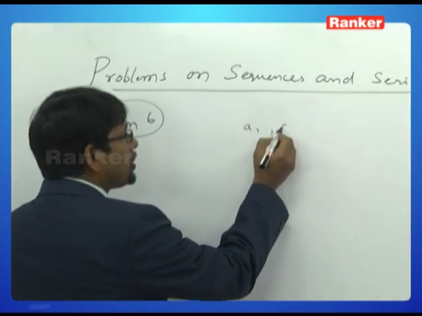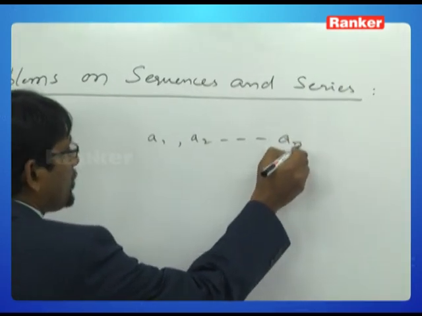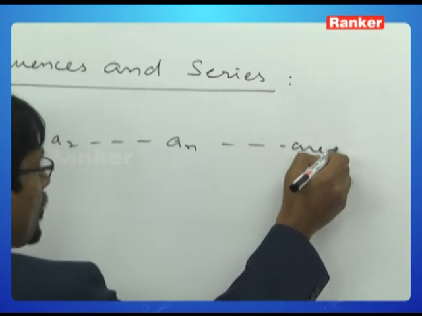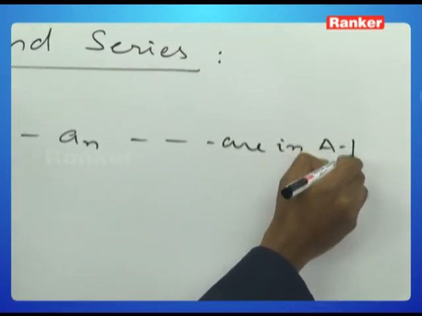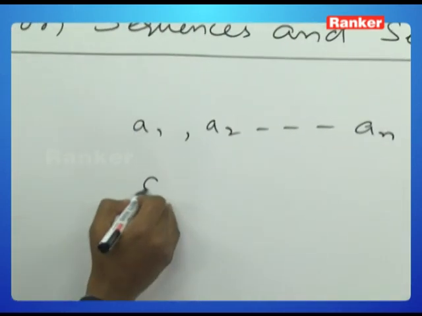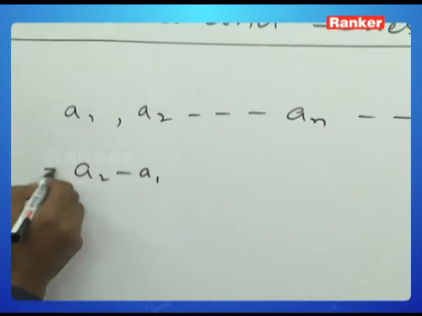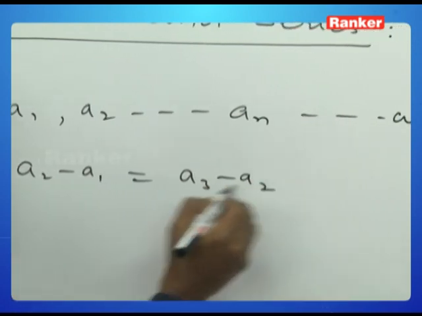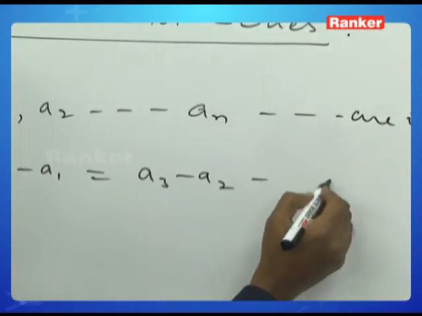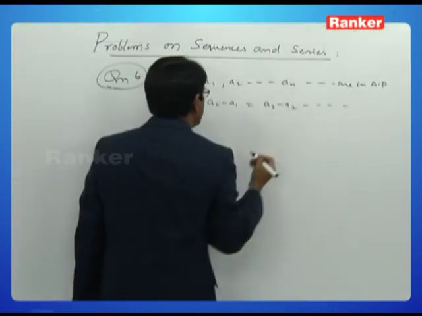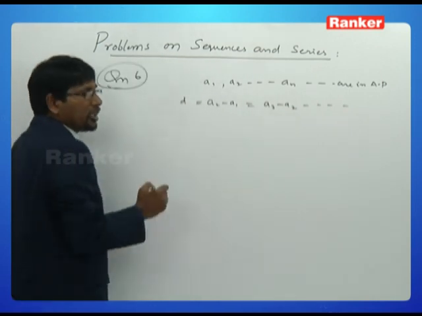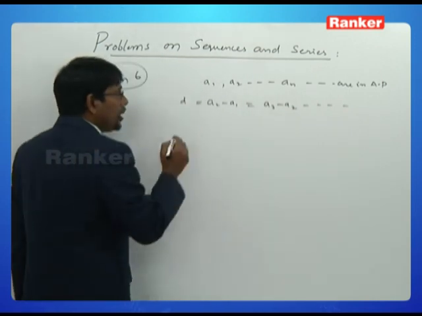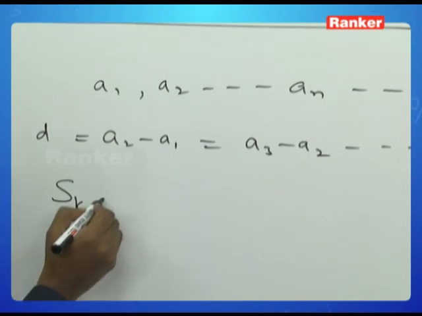He has given that a1, a2, an are in AP. So let's assume that a2 minus a1 is D, a3 minus a2 is also D, and so on, an minus a(n-1) is D. D is the common difference of the AP. Now what is Sk here?